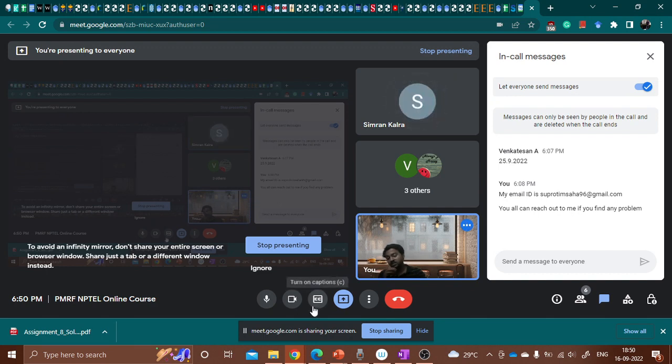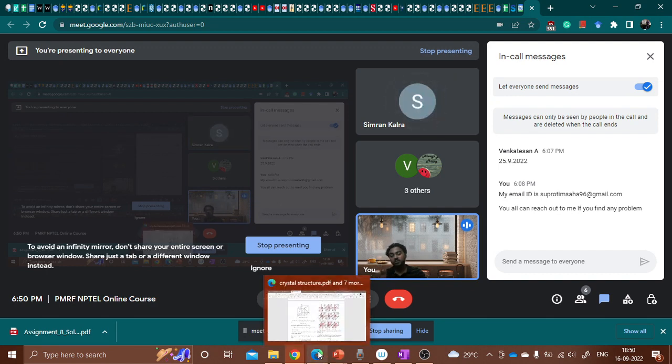Okay, so just check it out yourself by explicit writing for BCC and simple cubic. Because for BCC you have to keep in mind that h plus k plus l has to be even. So not all the combinations will be allowed. So for 100, BCC will not have this diffraction plane, right?